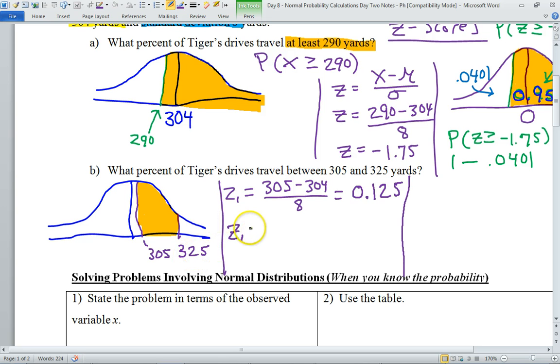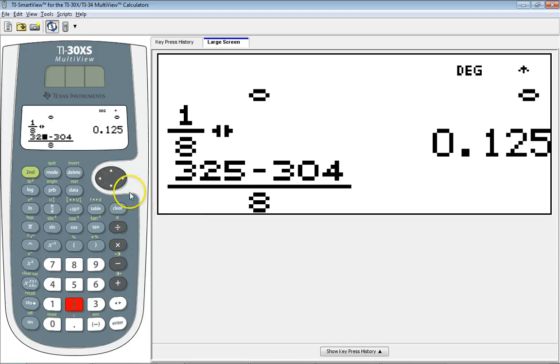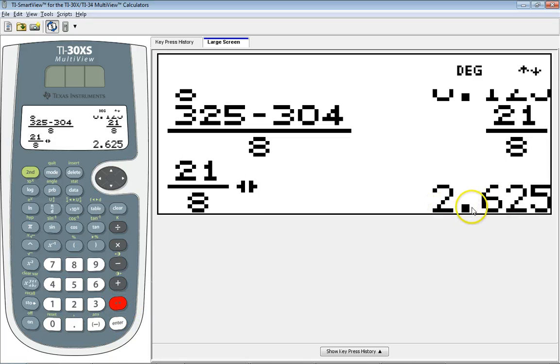Alright, time to get my second z-score. I'm doing the 325 now. So that's 325 minus 304 again, divided by 8. Put that in your calculator. 21 over 8, toggle it. 2.625. Remember, this is standard deviations to the right.